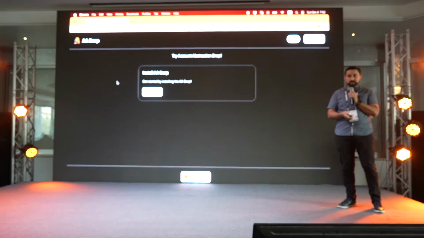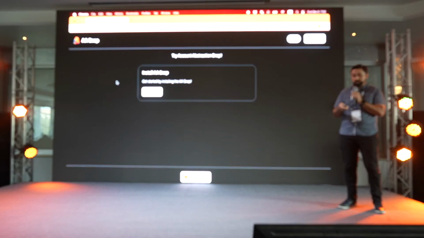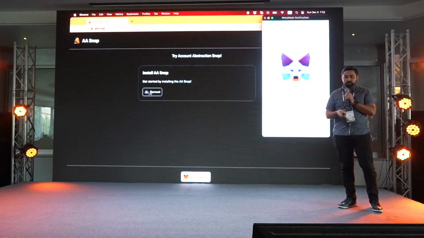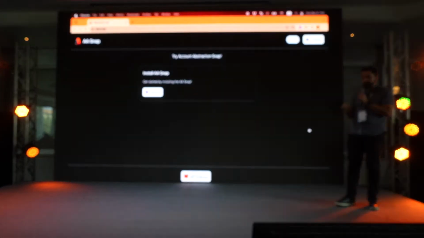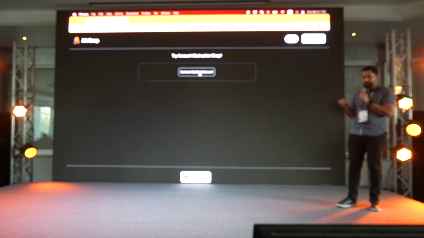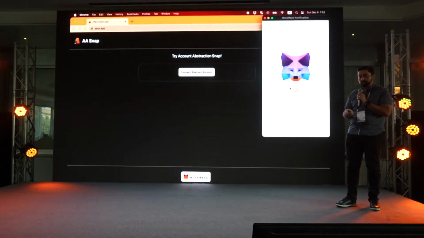So this is one example. This was actually a hackathon project that someone built, where they built the ability to manage a smart contract wallet from MetaMask. And so the way this works is it's going to connect to MetaMask, and it's going to take your EOA account, and it's going to deploy a smart contract account on your behalf, and then use your EOA account in MetaMask to sign and act on that smart contract.